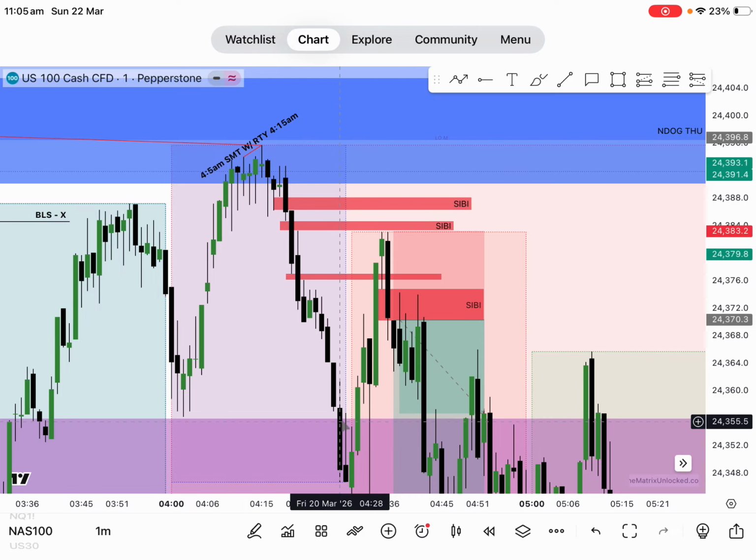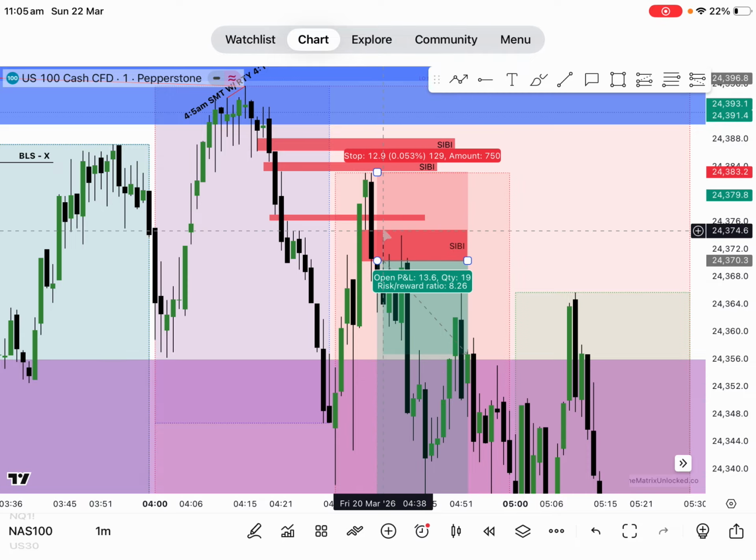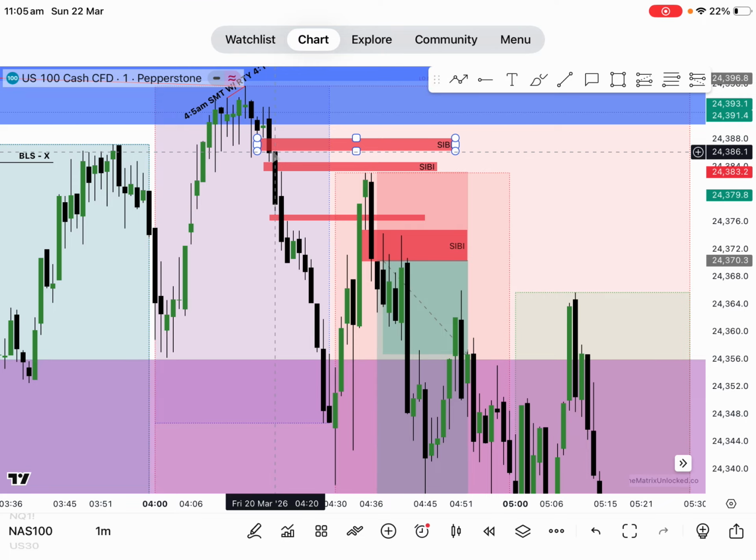And this run is so nice, and this run quickly upside only tells me it's trying to rebalance the imbalance and trying to go down. So enter here, 8.26. You'd still be good even if your trade was filled here, because your stop loss would have been on the first candle, which is this candle top.